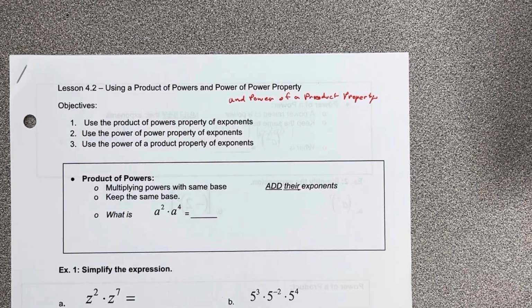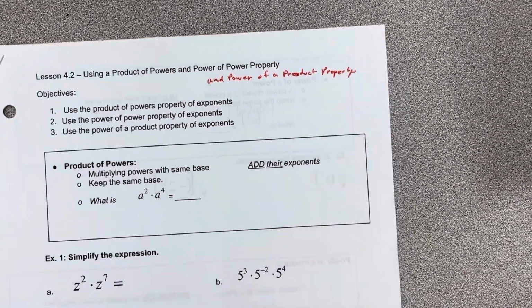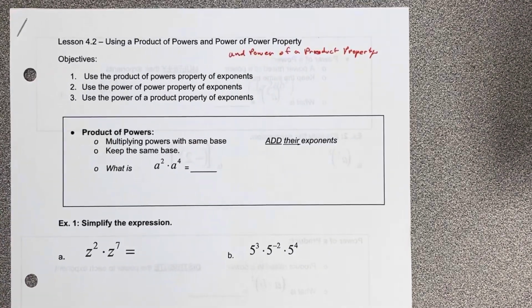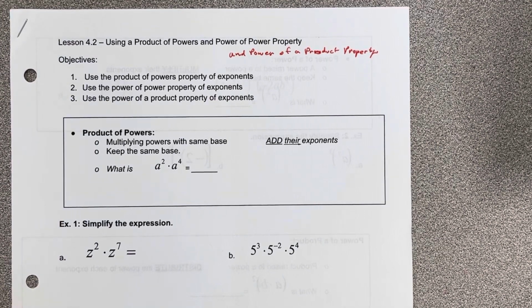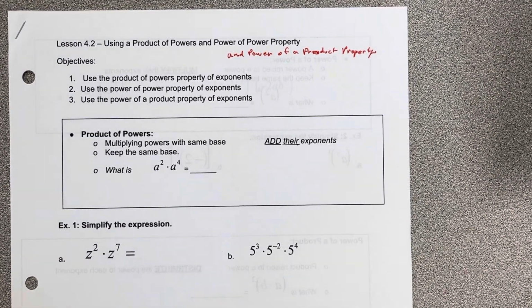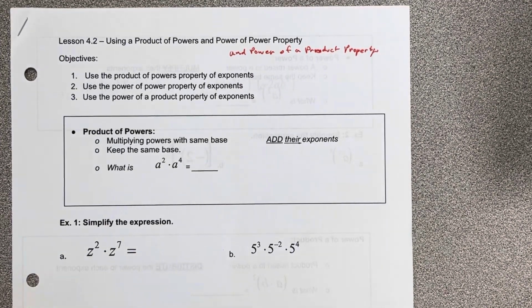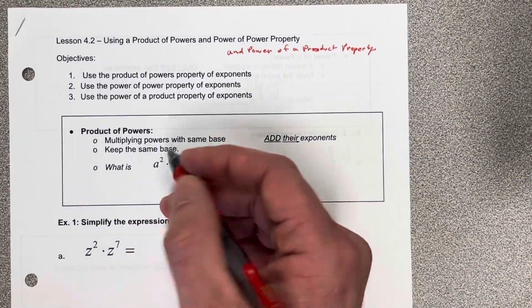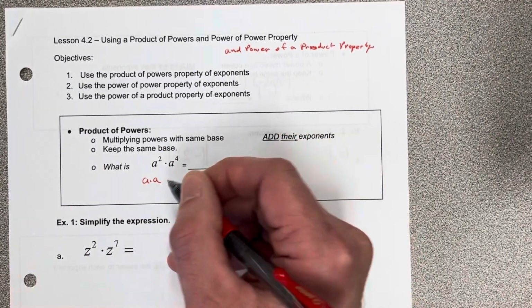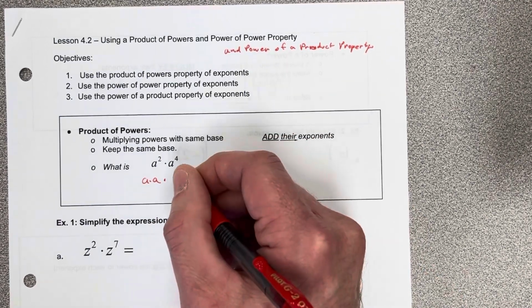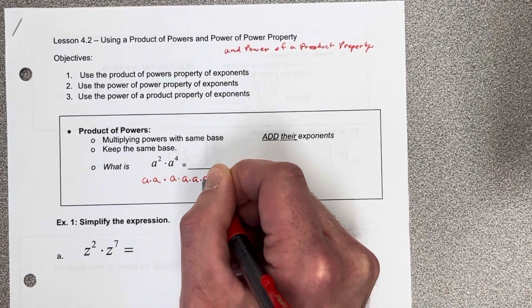We're going to use the product of powers property, the power of a power property, the power of a product property. Now, one thing I want to show you today is that all the properties today you could probably easily remind yourself of if you forget them. If you were to expand these exponents, which means write them as multiplication, a squared is a times a, a to the fourth is a times a times a times a.